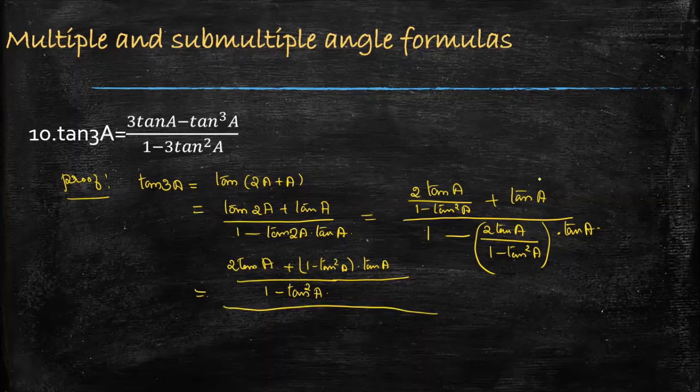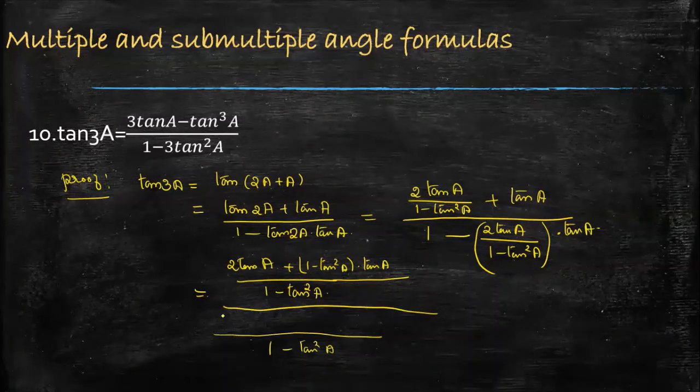Everything divided by, see, again we have a fraction here. Here again we should take the LCM, which again is 1 minus tan square A. The numerator becomes, cross multiplying the same way as before: 1 into this (1 minus tan square A) minus this full thing into 1.